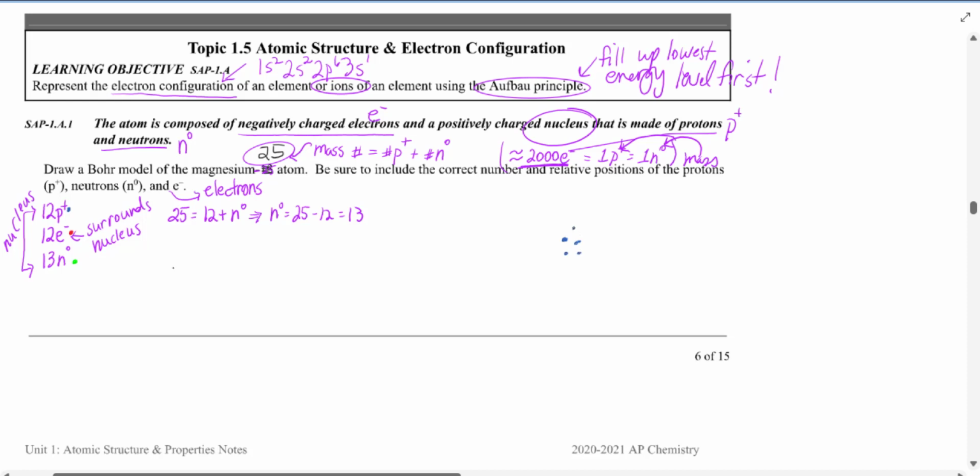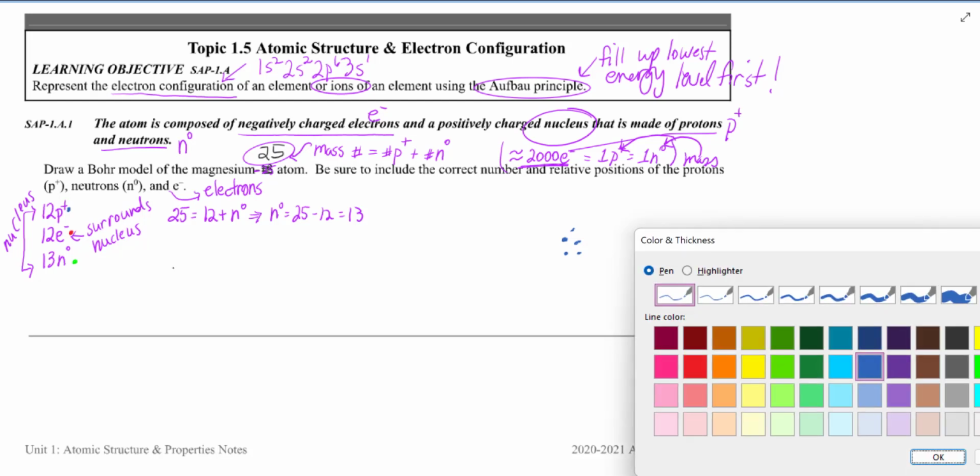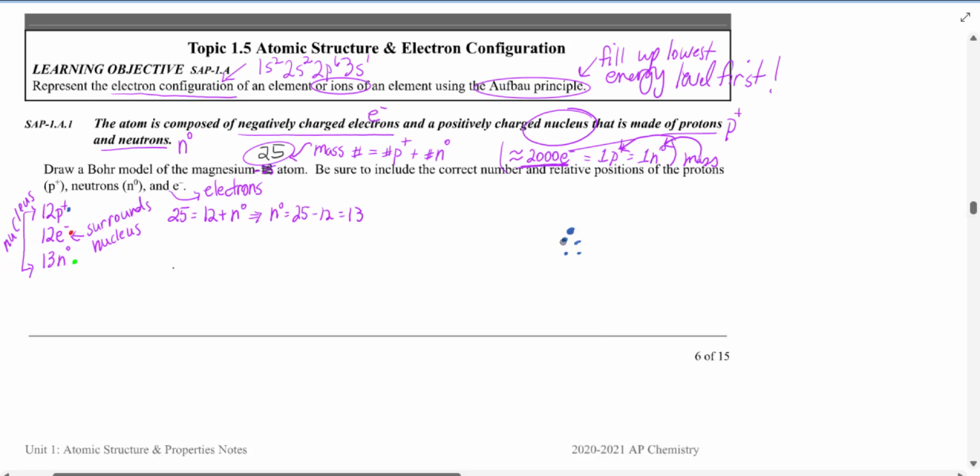Why did I feel like that was not very thick? Because I didn't press OK. 1, 2, 3, 4, 5, 6, 7, 8, 9, 10, 11, 12.